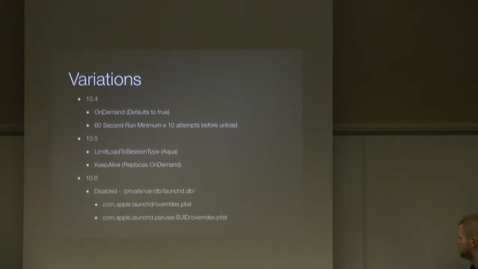And then for launch agents, that file is actually com.apple.launchd.peruser, and then the UID of that user. So it's specific to the user, and if you browse in there, you only have permissions to the user you're logged in as. If you see that your job is loading manually, but it's not loading automatically, you might want to check if it's disabled in there.